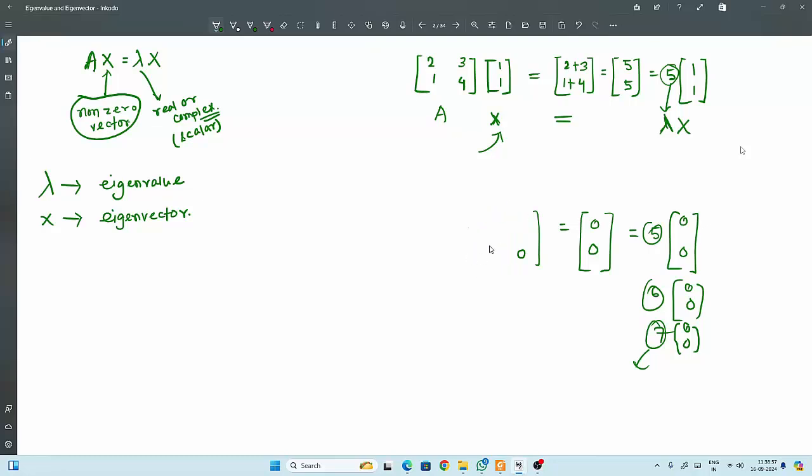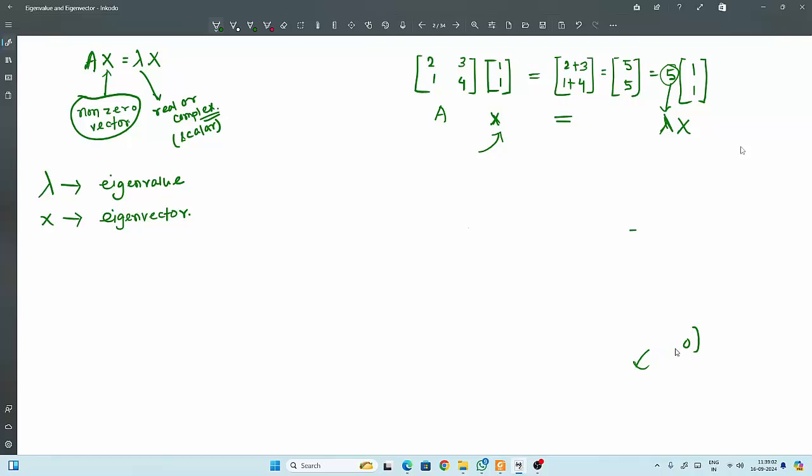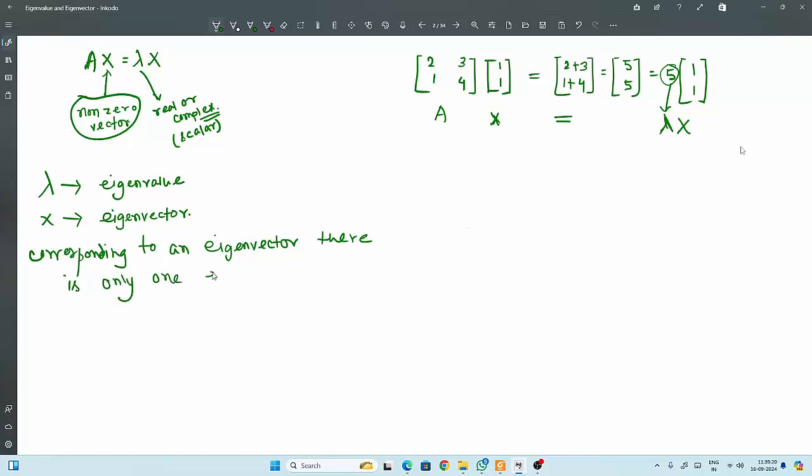So now you know that an eigenvector is a non-zero vector, and that corresponding to an eigenvector there is only one eigenvalue, not more. But is the converse true?